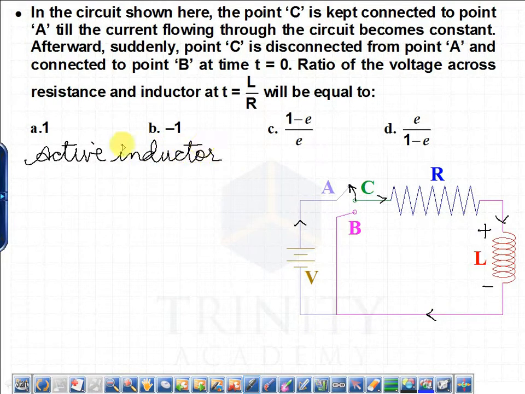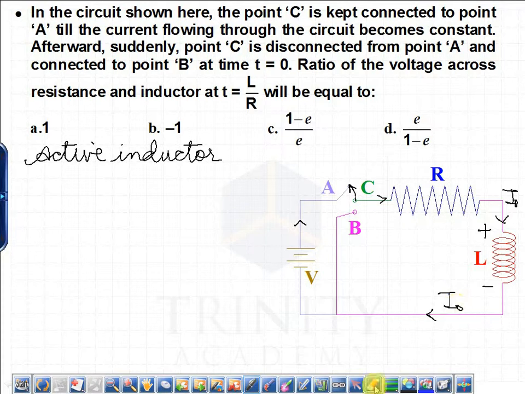This active inductor is one which retains the memory of current. Suppose this current in the circuit is I0. So this inductor will retain the memory of this current even if it is disconnected from the circuit and reconnected again to the circuit.